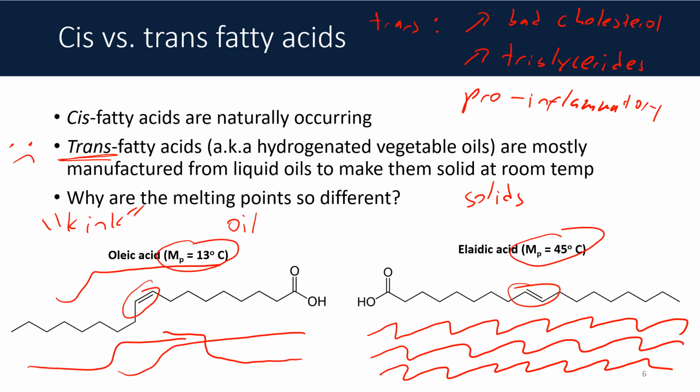We make trans fatty acids through the food manufacturing process. Cis fatty acids are naturally derived. We convert fatty acids into either saturated or trans fatty acids during food processing, ultimately for convenience.